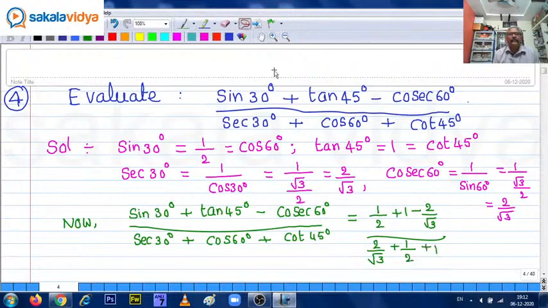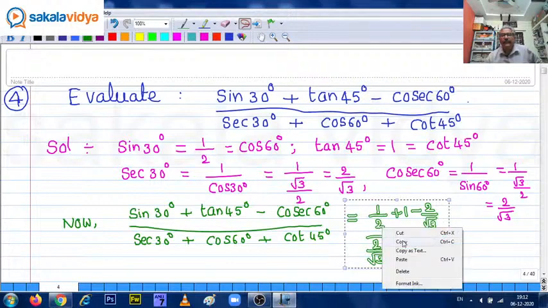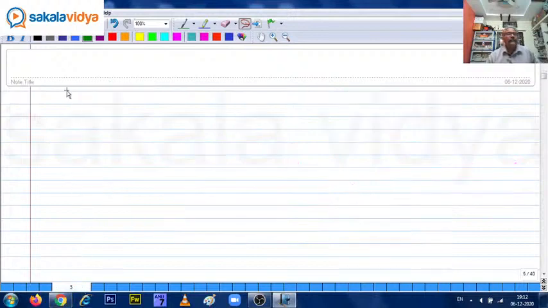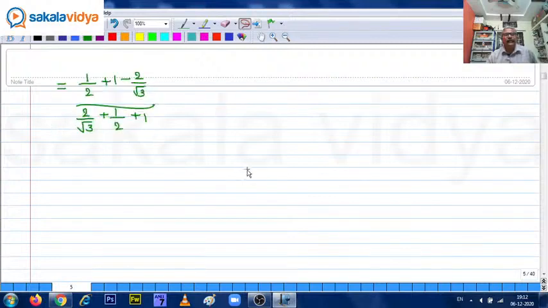Okay, so we need to simplify this one. Let us simplify.